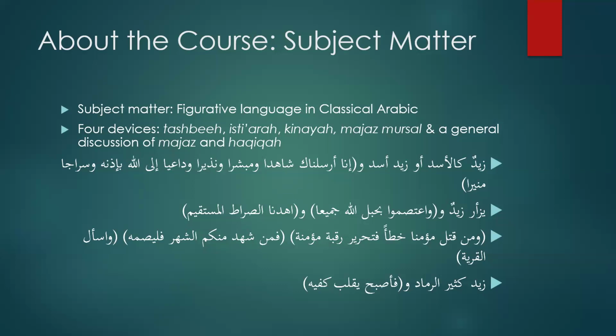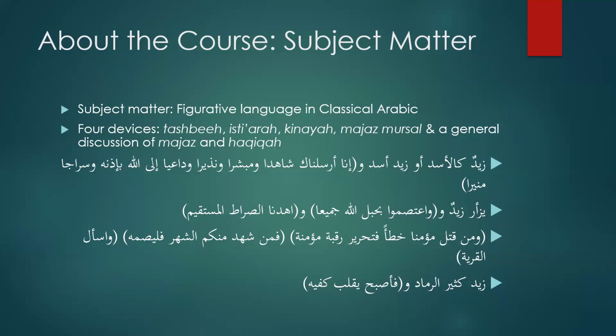In the isti'ara, it's kind of a hybrid because it's also based on that same relationship, but we don't establish it, but rather assume it, okay? In majaz mursal, we're not establishing any relationship. The relationship already exists, but it's not a relationship of something being analogous to something else.